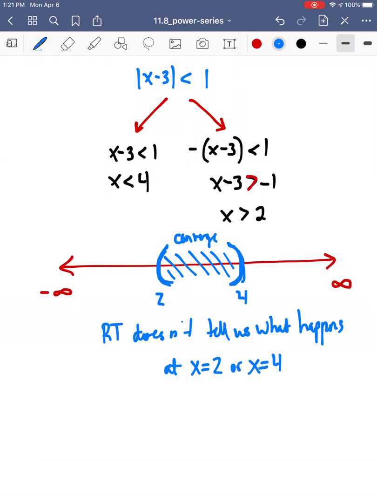So ratio test basically narrowed down from minus infinity to infinity this region of x values between 2 and 4, which give us a convergent power series in this case. But it doesn't tell us what happens at those endpoints x equals 2 or x equals 4. For those endpoints, we get to test those endpoints individually.